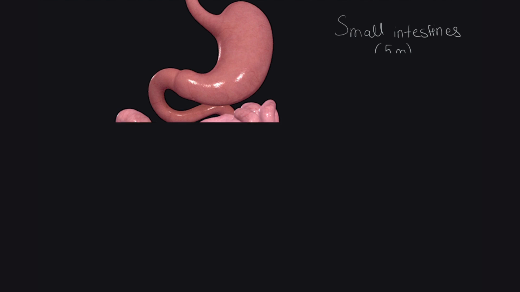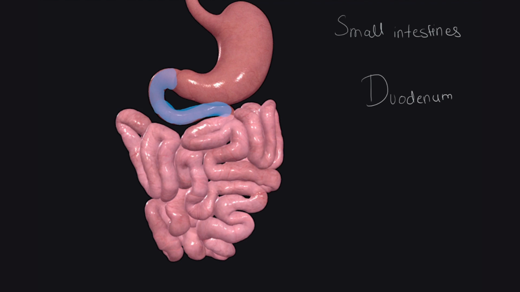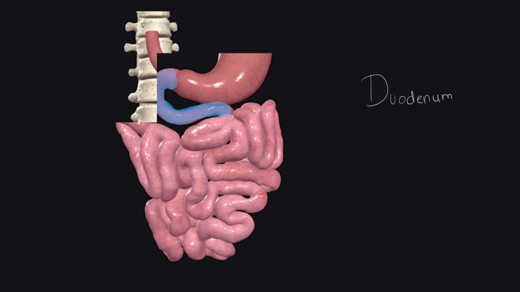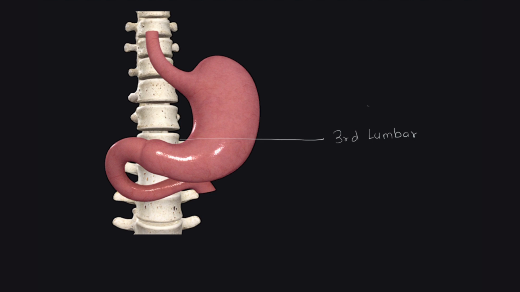Okay, so let us learn about the first part of the small intestinal tract, known as the duodenum. The duodenum is located approximately at the level of the third lumbar vertebra, and its entire length is approximately 25 centimeters. We know that most of the small intestinal tract is retroperitoneal in nature.